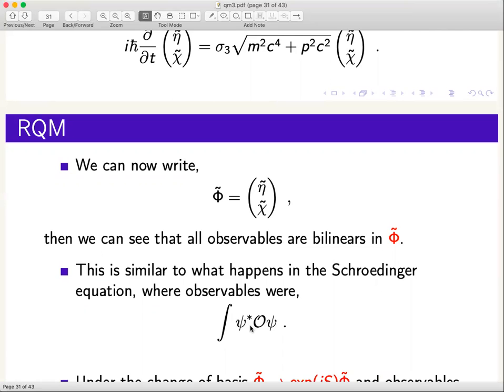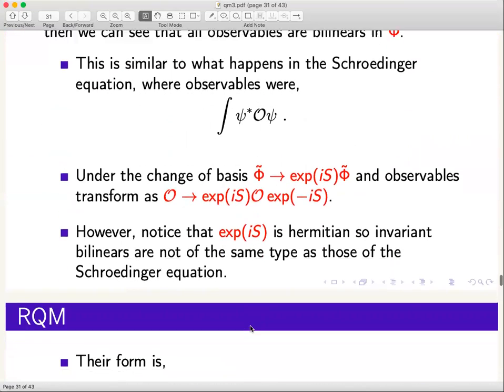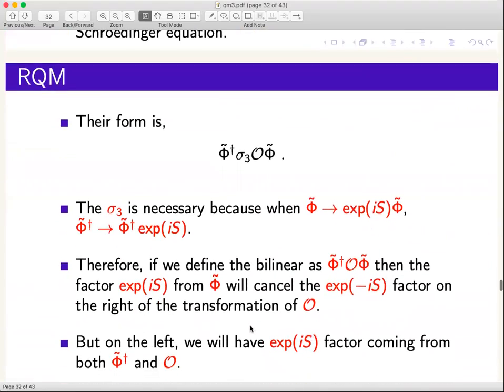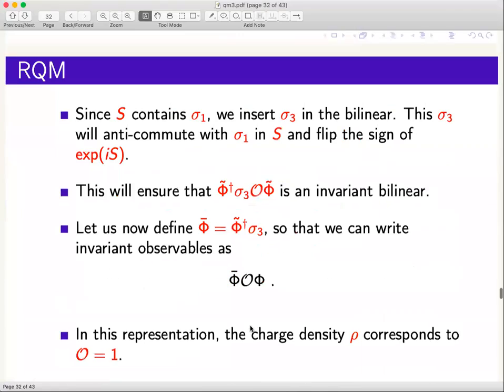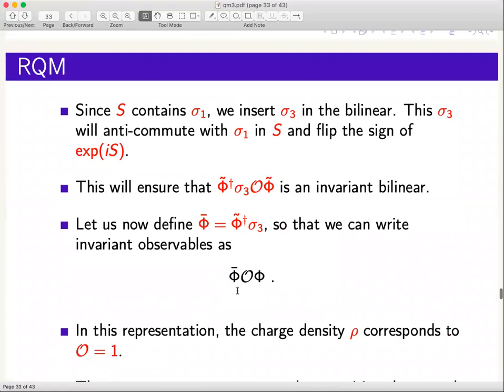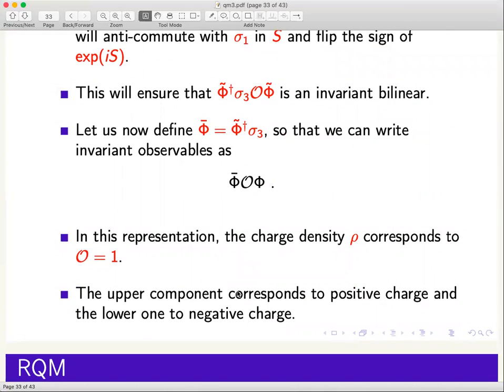So we can simply write for the charge density operator this bilinear as eta dagger eta minus chi dagger chi. Absolutely, I completely agree. But only after you write it in this particular form do you realize that the positive energy, positive charge component is just eta dagger eta, and the negative one is minus chi dagger chi. Because chi dagger chi would have given you a positive answer, but because of the sigma 3 sitting there, there is a minus sign and it gives you the opposite answer to what eta dagger eta would have been. Okay, good.